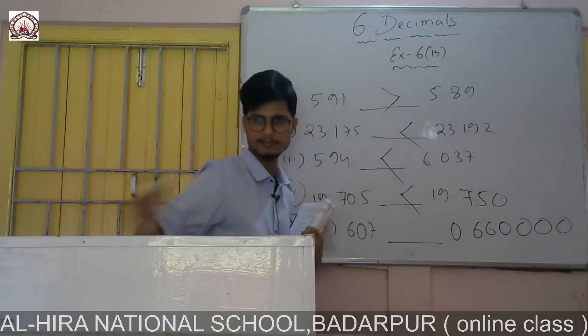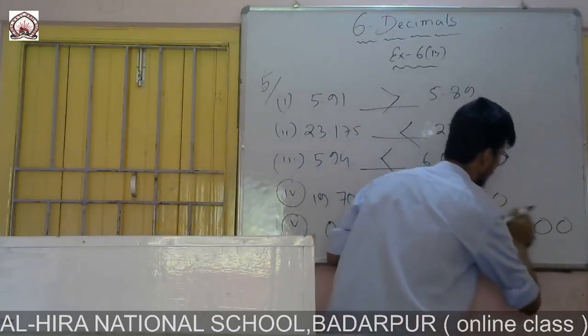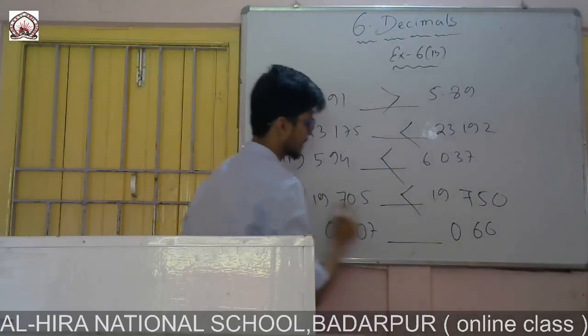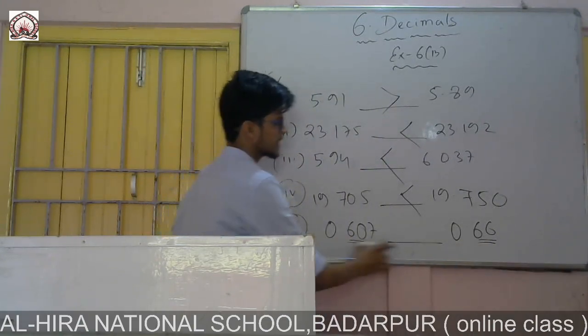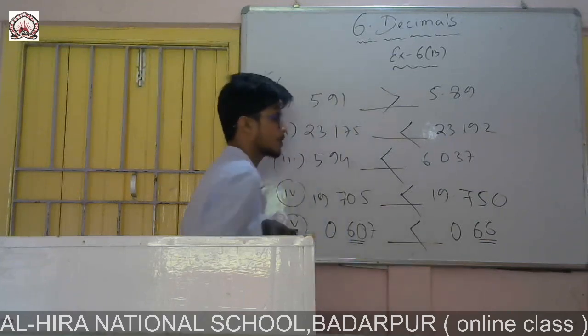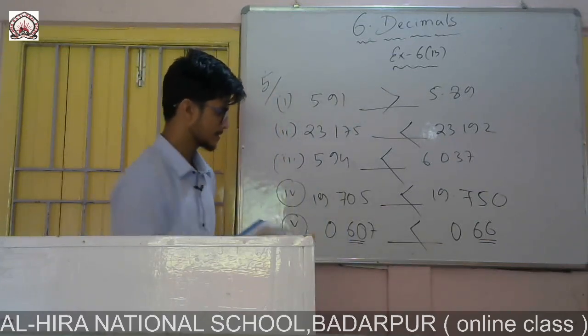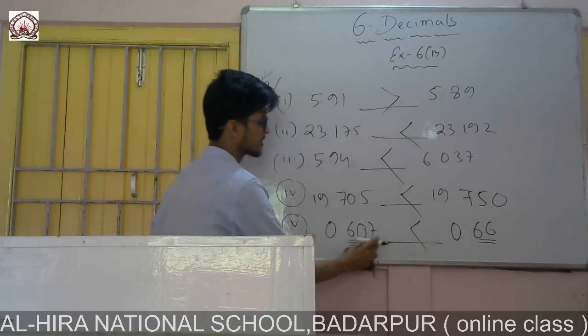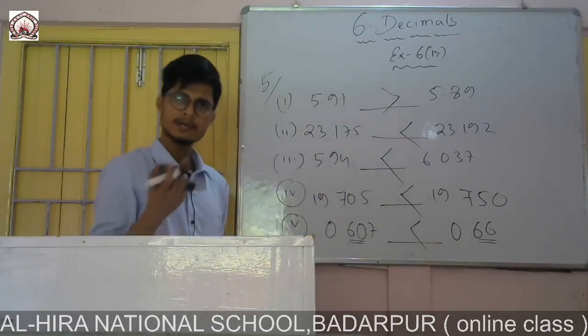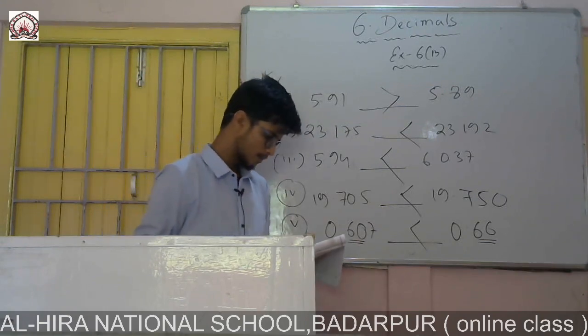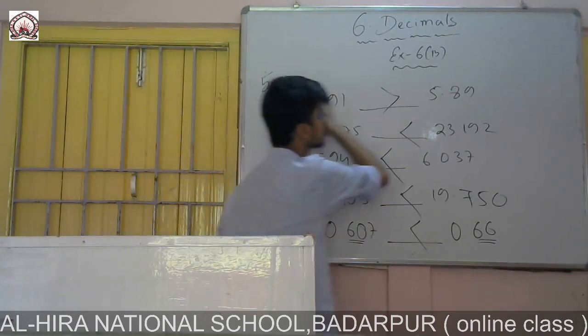These are valueless, so no need to put 0. You simply match. There you have 2 places, so there also you match 2 places. There it is 60 and there it is 66. Which one is greater? 66. Okay. Now part 6.